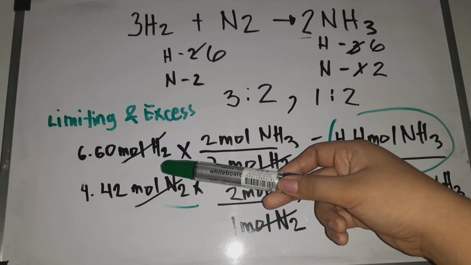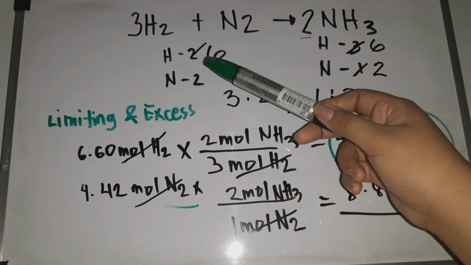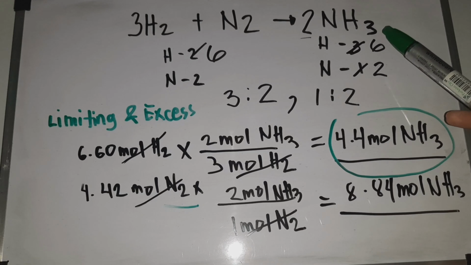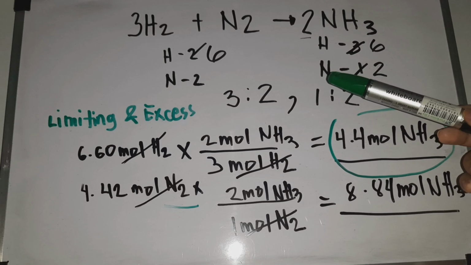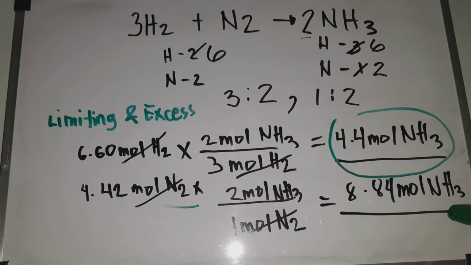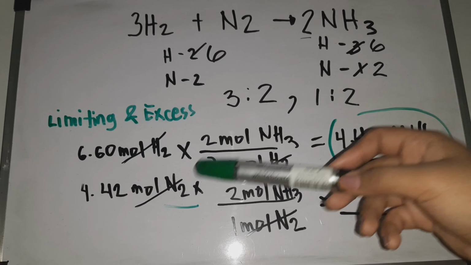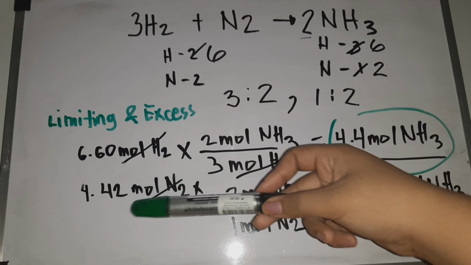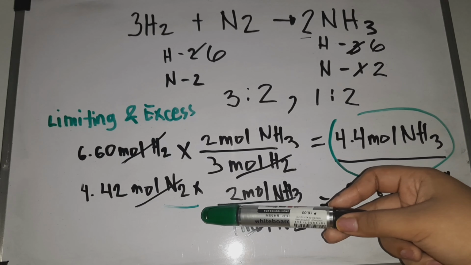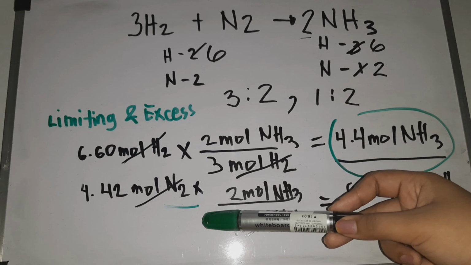H2 will be the limiting reagent because if this chemical equation happens, H2 will be the first one to diminish, while the 8.84 mole of NH3, which is the largest amount of product, obtained with the use of 4.42 mole of N2, indicates the excess reagent.